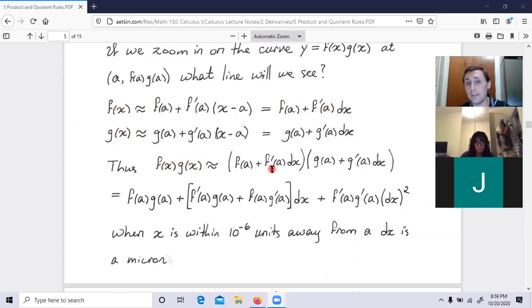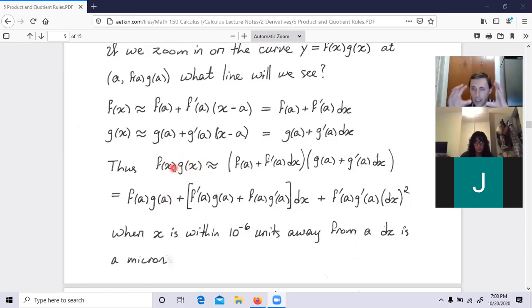So multiplying f times g is similar to multiplying those together. And when I multiply those together, I'm hoping to see what sort of line and what sort of slope of that line I am getting. My question is this: if I zoom in at f times g, what slope of the tangent line do I see?